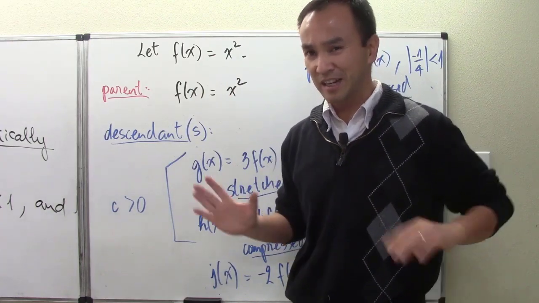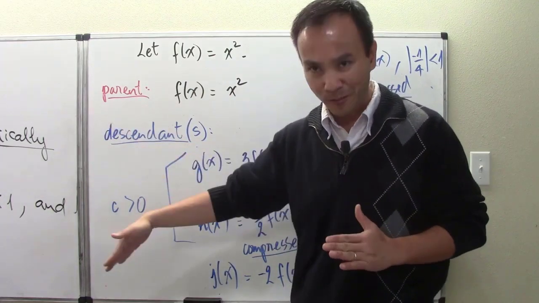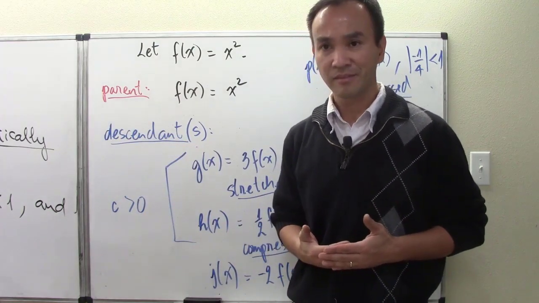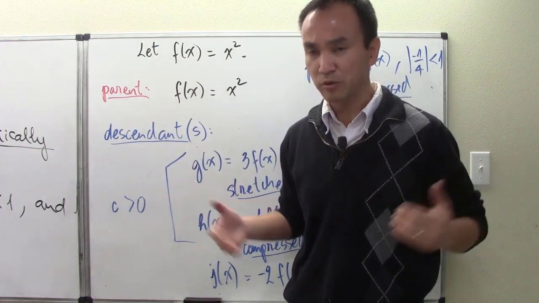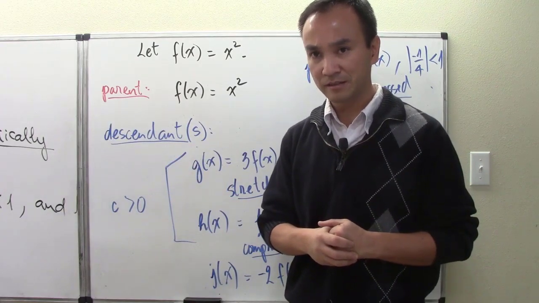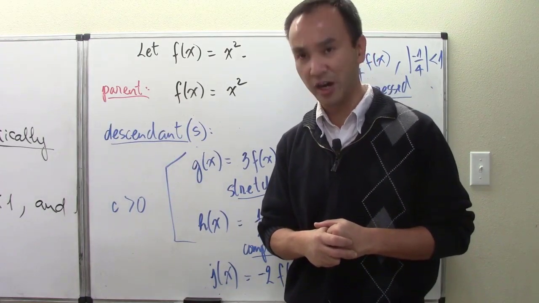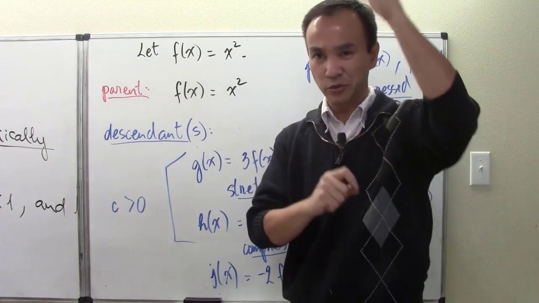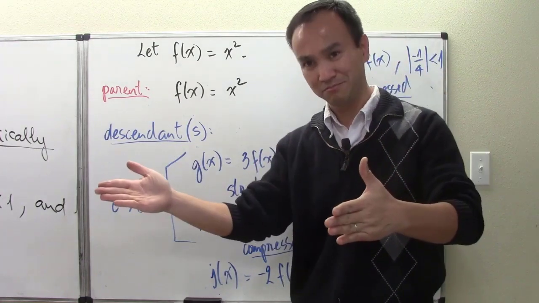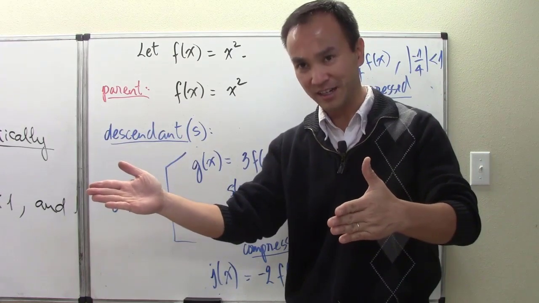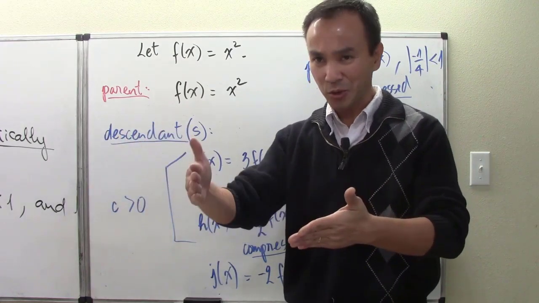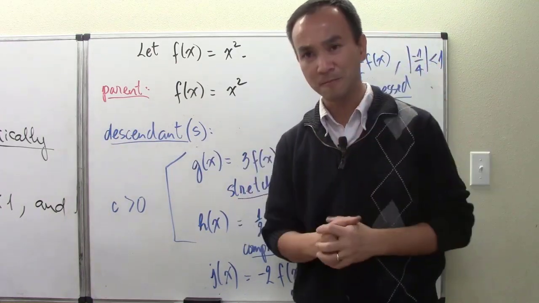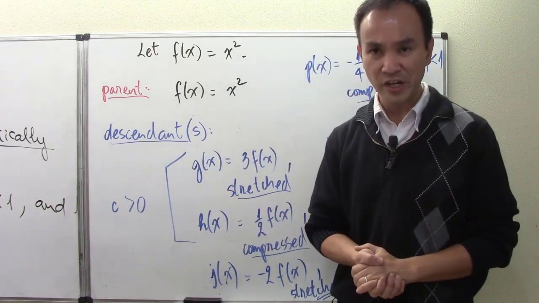Especially now when I start writing down the formal observation and putting that all together, it becomes a little too much to keep track of all the little different details. It's vertically stretched when the absolute value is above 1, and compressed when it's less than 1, and furthermore it has positive or negative, making it flipped or not. Way too much information, way too many details.